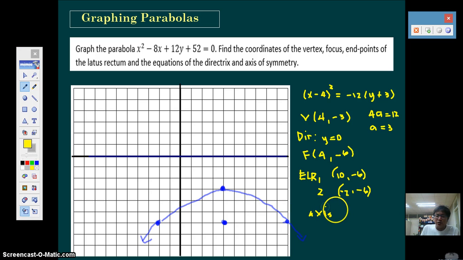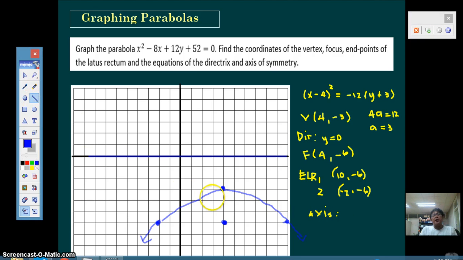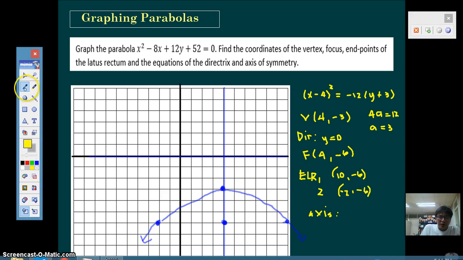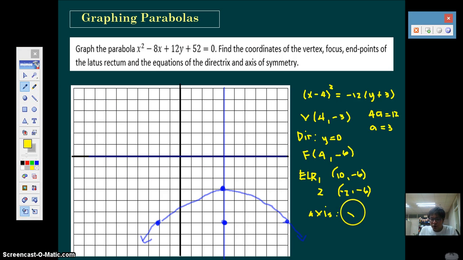The axis of symmetry is the line that will pass through the vertex and divide your parabola into 2 parts. Obviously, this is that vertical line that passes through the vertex and the focus and divides the parabola into 2 halves. It's a vertical line, and the equation is x equals the x-coordinate, which is 4.